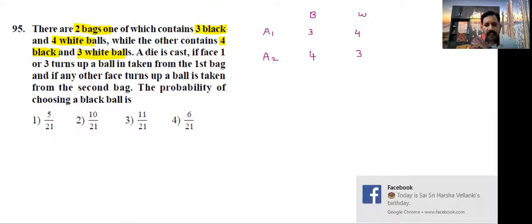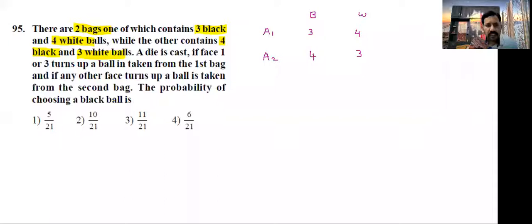Next, a die is cast. If face 1 or 3 turns up, a ball is taken from the first bag. Here we are rolling a die. Face 1 or 3 turns up means a ball is taken from the first bag. And if any other face turns up, a ball is taken from the second bag.